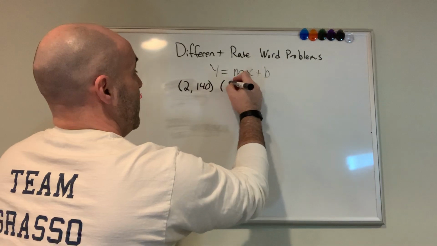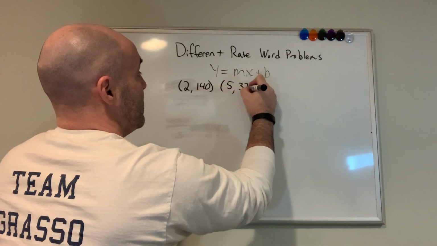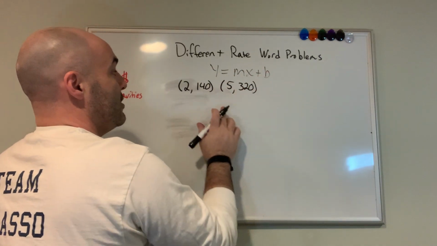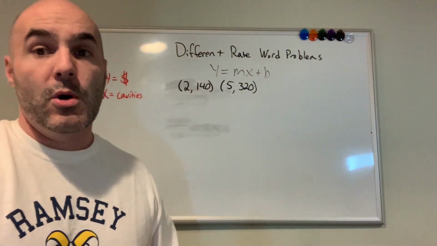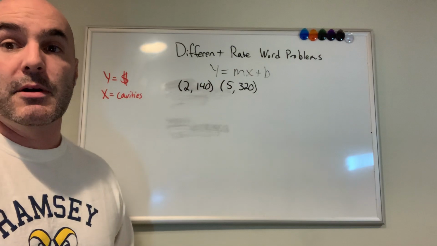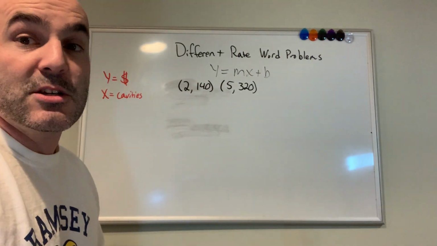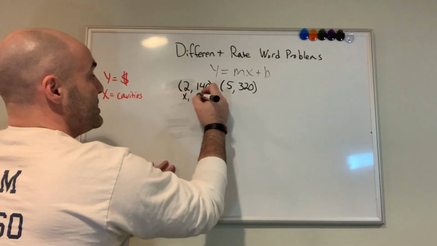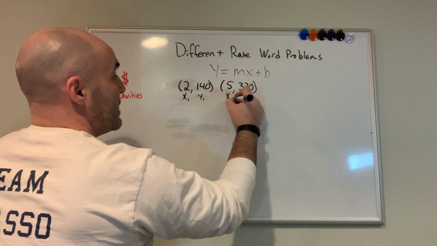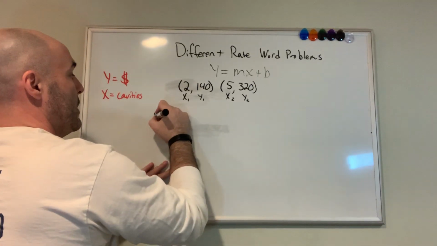So 5 cavities, and the $320 depended on the 5 cavities. So now that you're looking at this as a coordinate, I'm pretty sure you can figure out what we're going to figure out right now, and that's going to be the slope, or the rate per cavity. So we'll label this x1, y1, x2, y2.